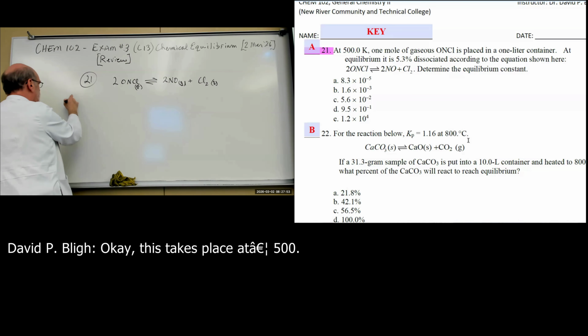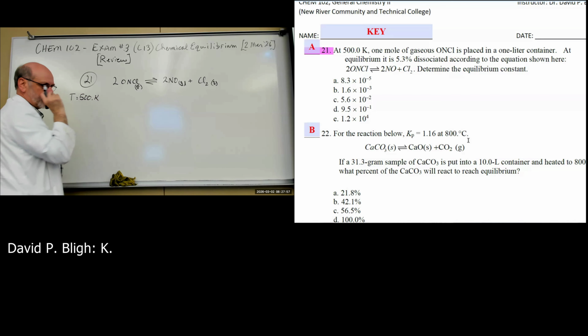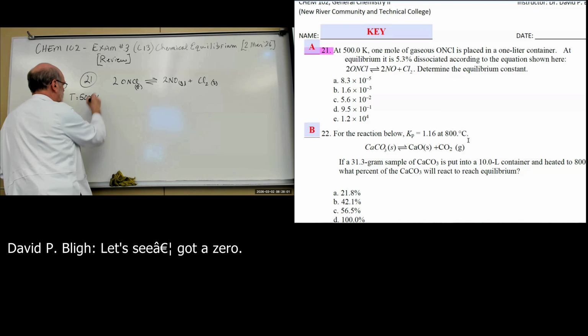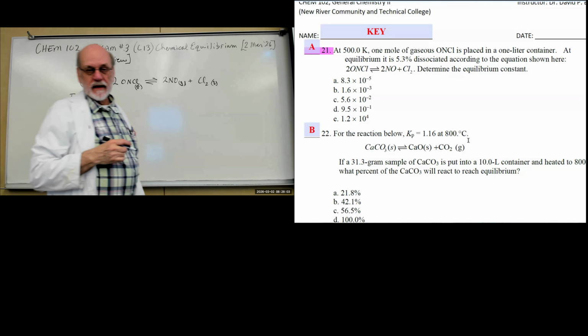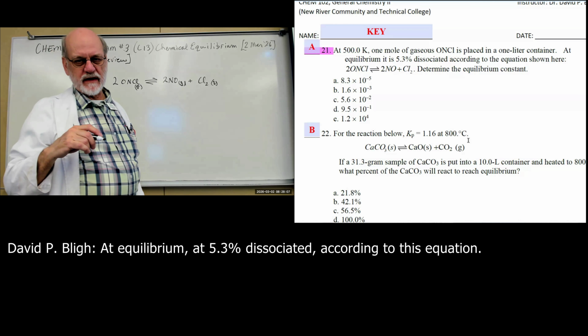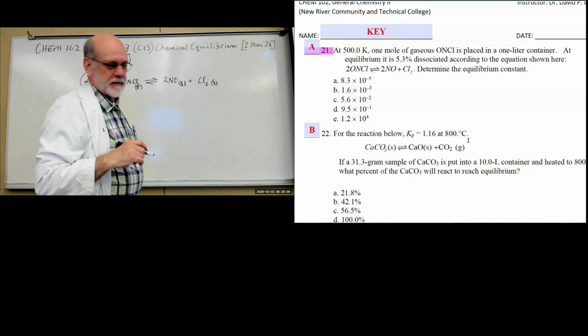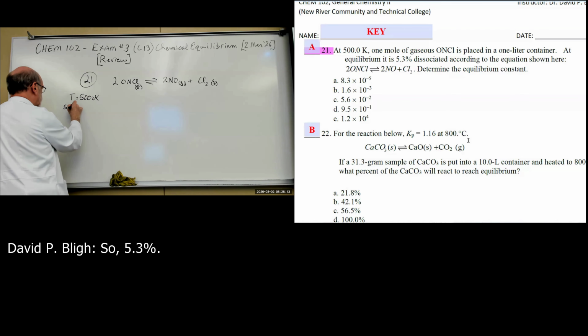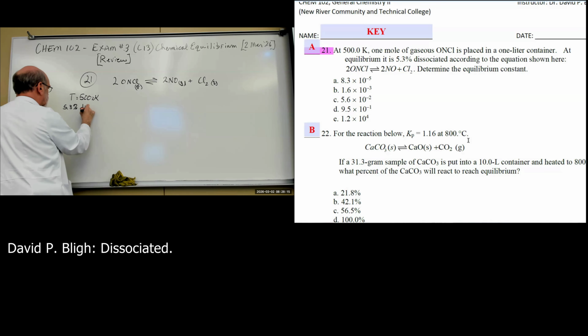Okay, this takes place at 500 K. Let's see, got a 0. At equilibrium, 5.3% dissociated according to this equation. So 5.3% dissociated.